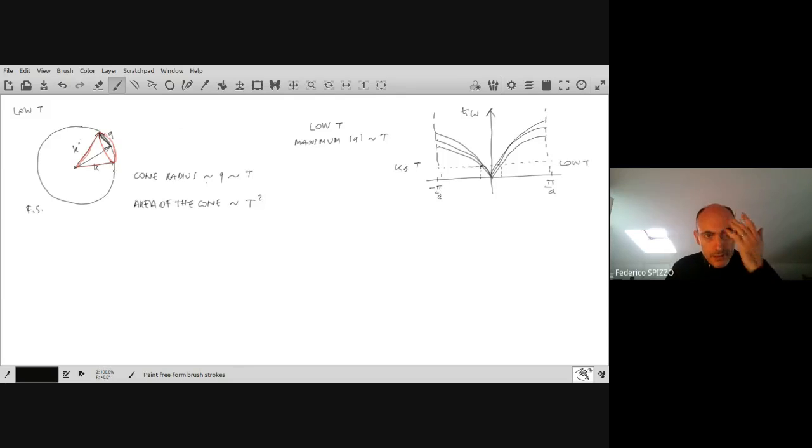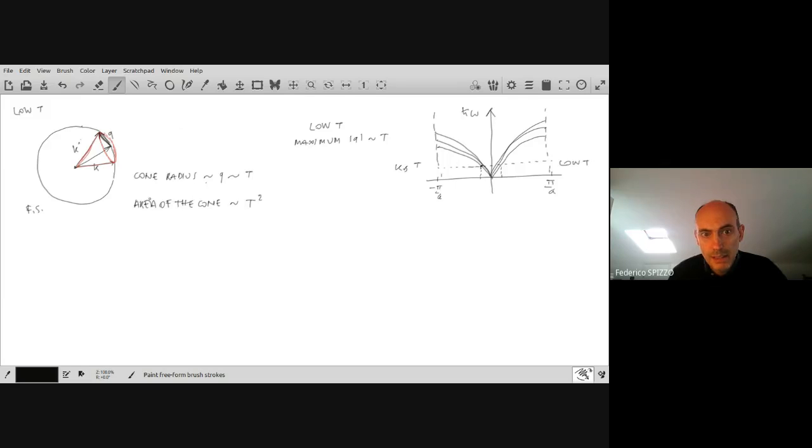The area of the cone represents the possible final states for the interaction. So the number of possible final states, that means the number of possible phonons that may be accessed by the electron through this kind of interaction, is proportional to T squared. Before, in the high temperature regime, we did not have this problem, because in the high temperature limit, all the phonons are excited.